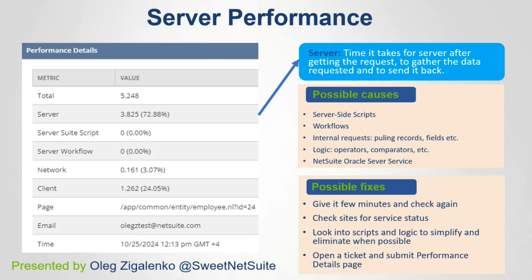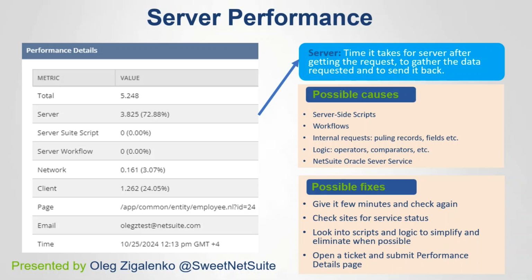So what can happen is that your server-side scripts, whatever is executing your workflows, where you have a lot of data, workflows that transition from record to record, whether you're saving or editing the record, there could be different workflows that trigger and scripts that are running. So that could be an issue.